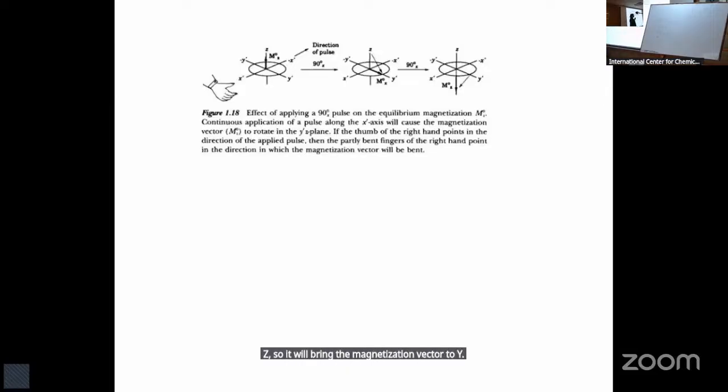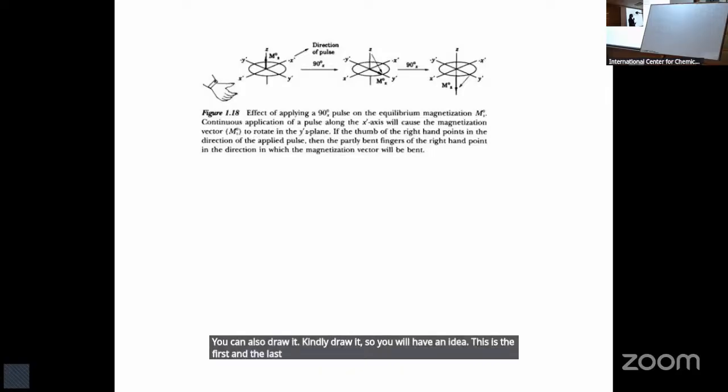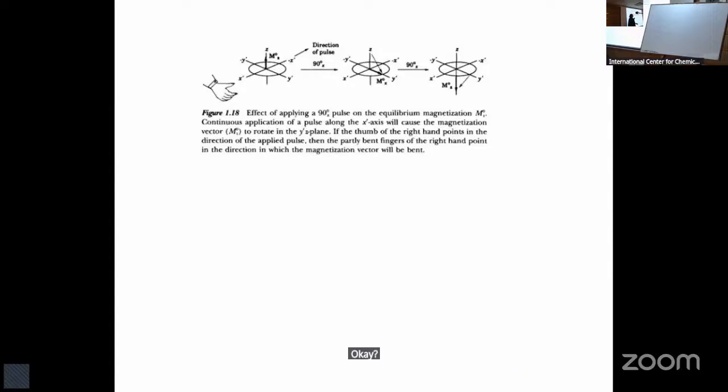Is there any confusion? You can also draw it. Kindly draw it so you will have an idea. This is the first and the last time that we are discussing the right hand thumb rule. After that, you all need to learn it by yourself and then we can help you. So I advise all of you to draw a circle in your notebooks like this.